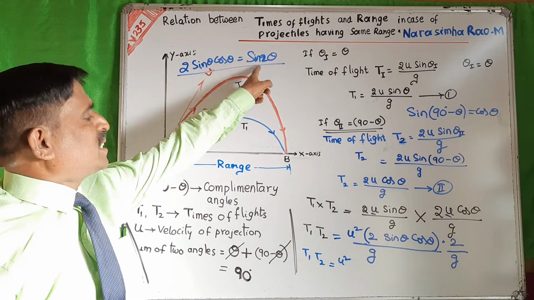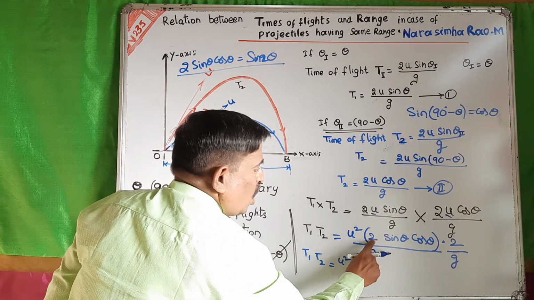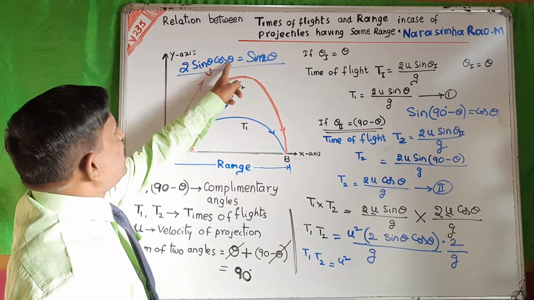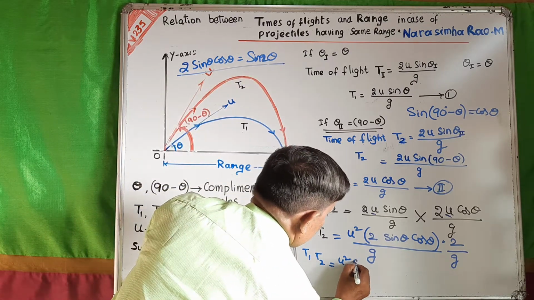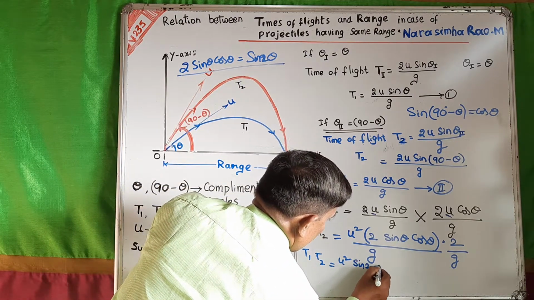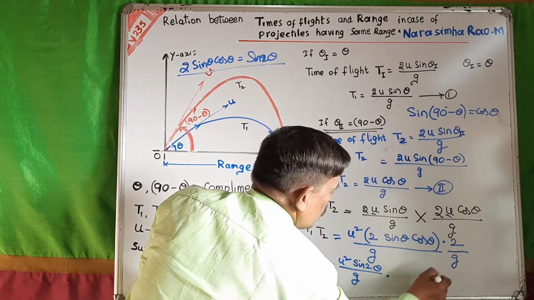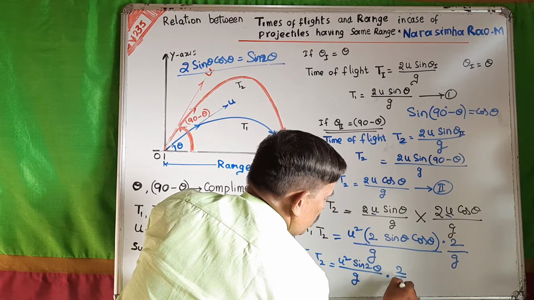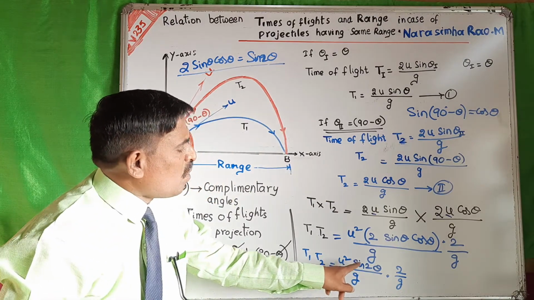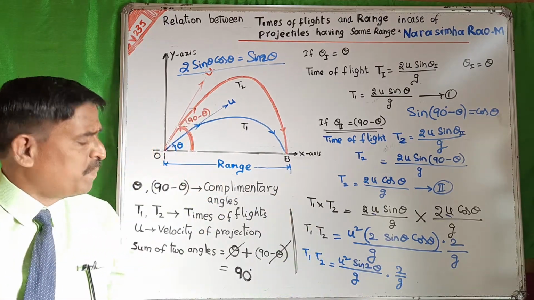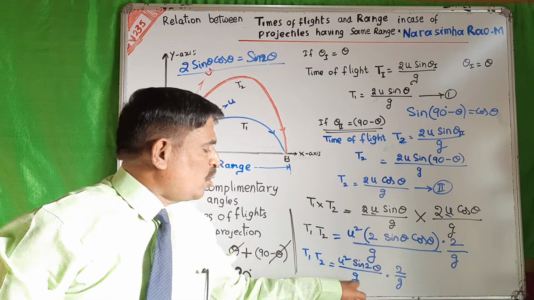So, u square sin 2 theta by g into 2 by g.